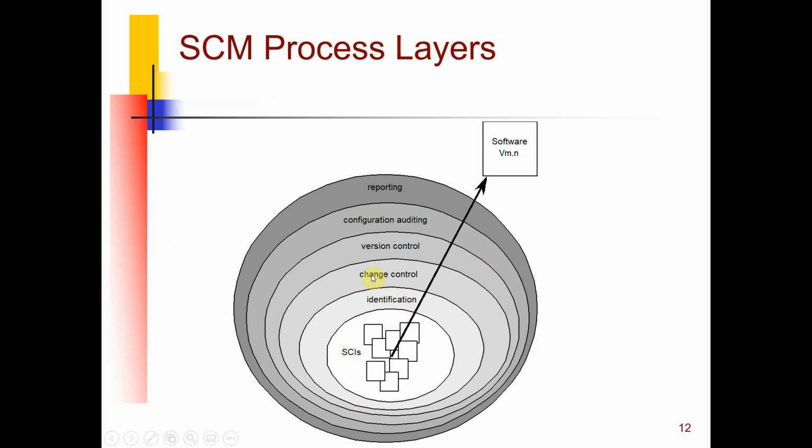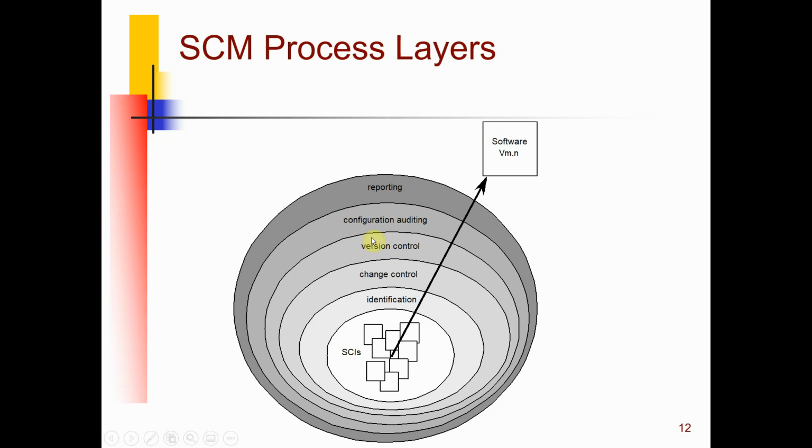Initially it's just change control for the individual one, and when we make enough changes and approach the point to release the software, then we have version control. And of course we have two supporting activities, auditing and reporting, to keep everybody on the same page.